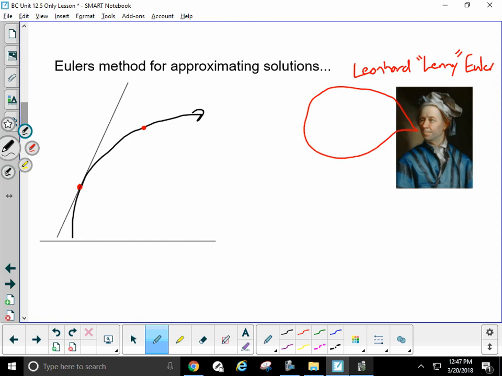And Euler decided to ask the question, why are we using one tangent line? Let's use multiple tangent lines. That's what he says. And I hope I'm not disgracing the name of Euler by doing this.